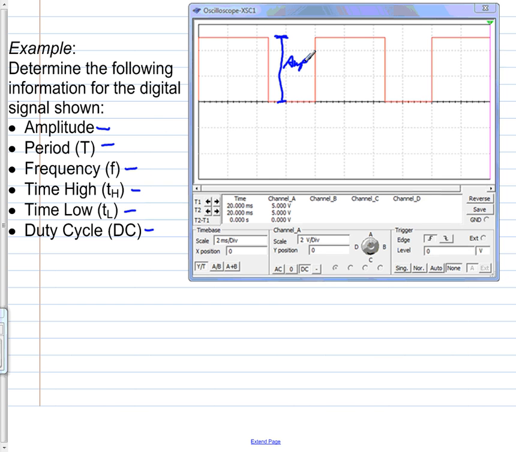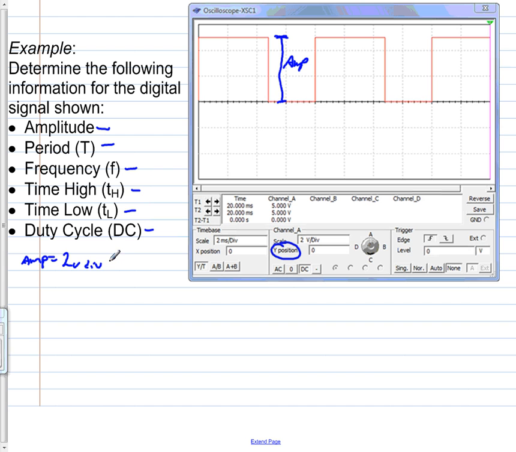I'm going to call it amp for amplitude. Now, I don't know how much that is, so I have to look over here, and according to my Y position, it's 2 volts per division. So for my amplitude, I know that the amplitude equals 2 volts per division.